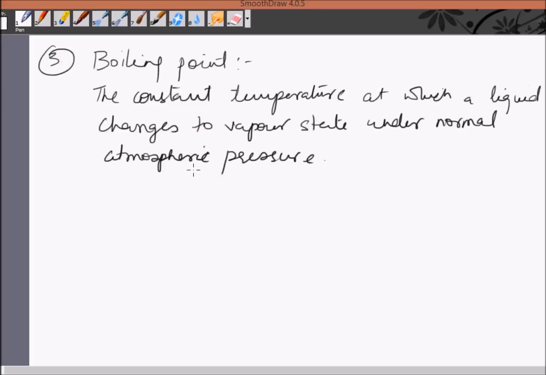For example, the boiling point of water is 100 degrees centigrade. What is the fourth point? It is the melting point.